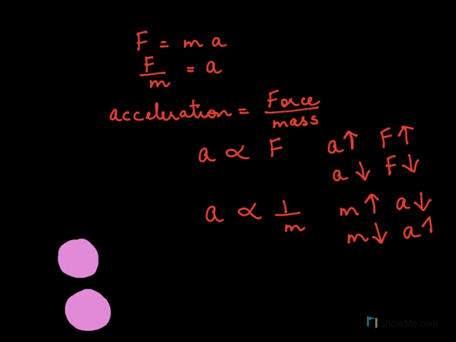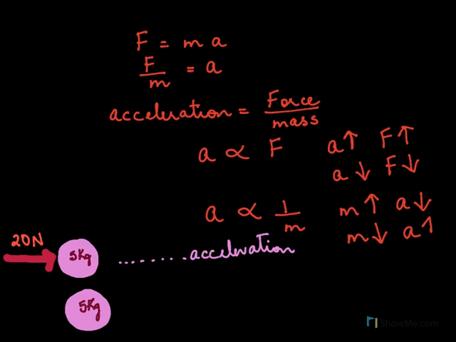Here I have two objects having the same mass, say 5 kgs, and here too also 5 kgs. In the first case, I apply a force, say, of 20 newtons, and because I apply a force of 20 newtons, the object will now start moving with a particular acceleration.